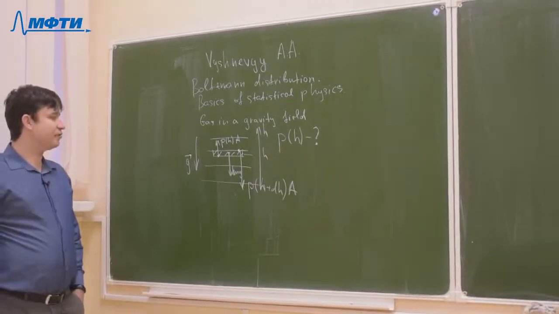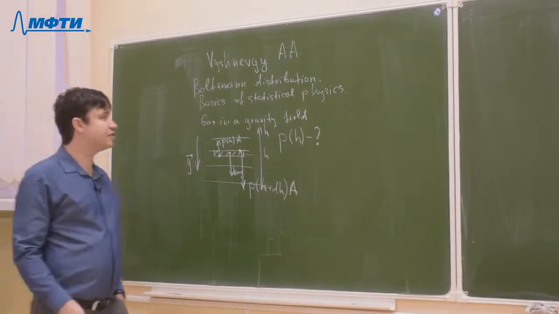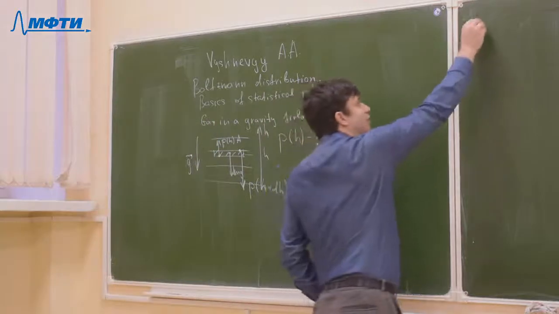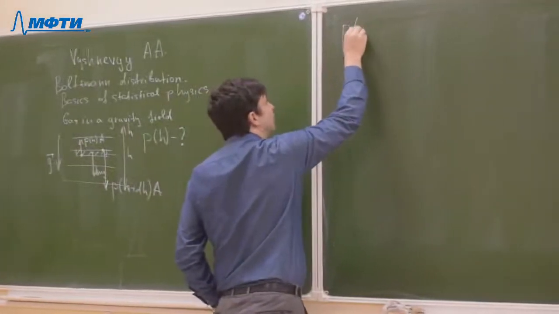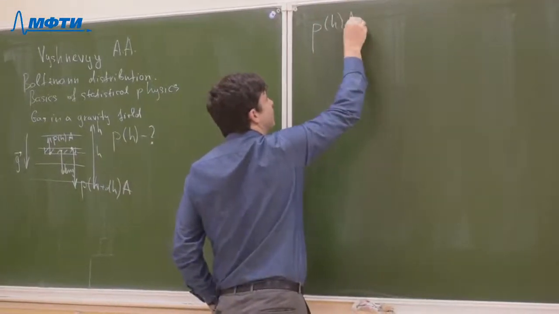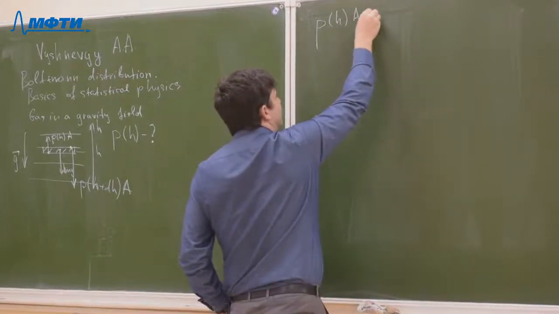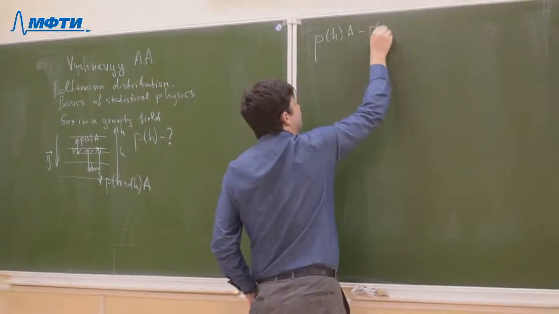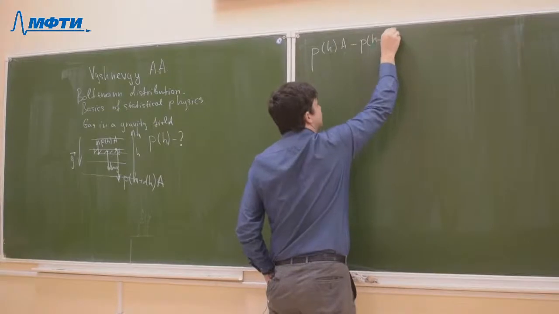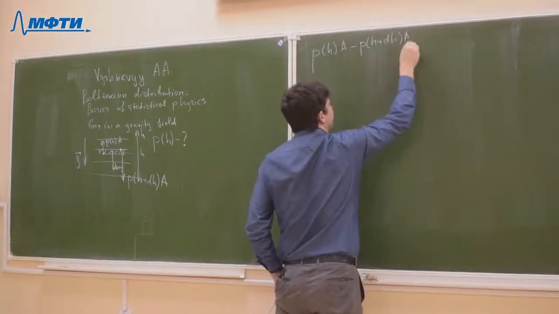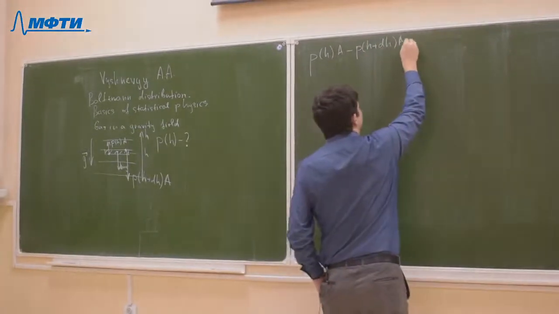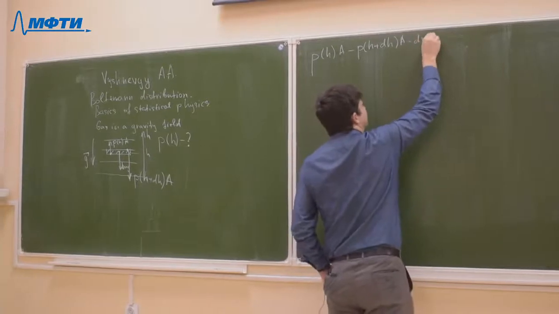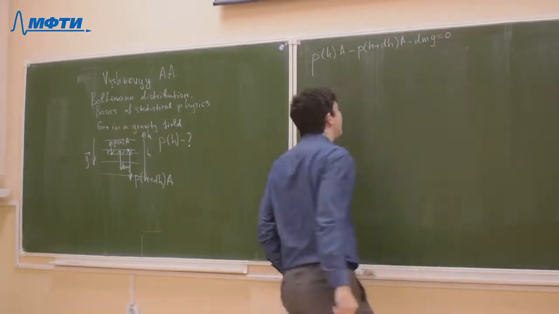So the equilibrium condition then writes as P of h A minus P of h plus dh A minus dm g is 0.